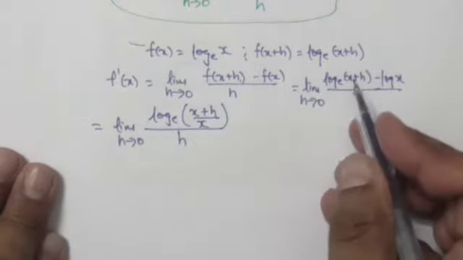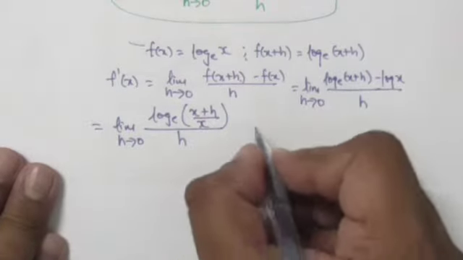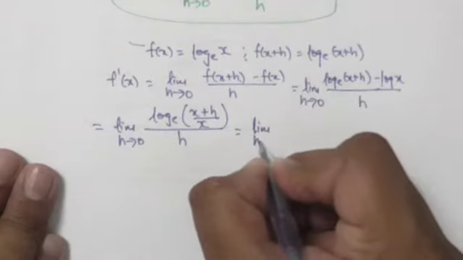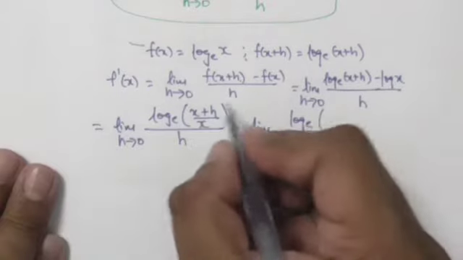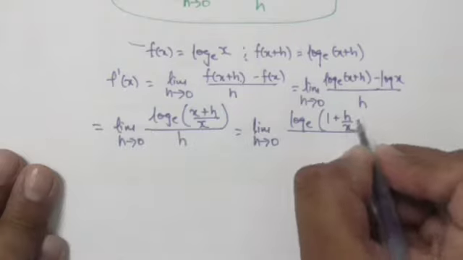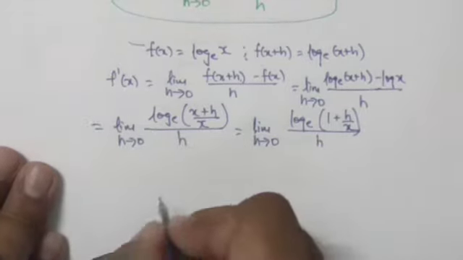This is because log a minus log b is equal to log a upon b. Now, it is equal to limit h tends to 0 log e (1 + h upon x) upon h. Right?